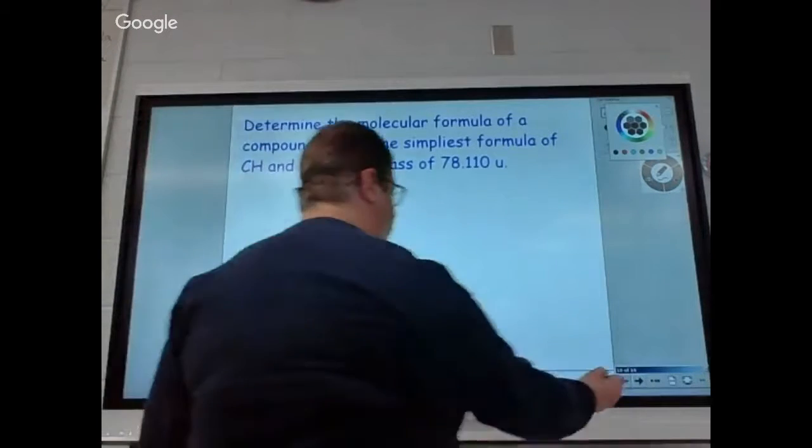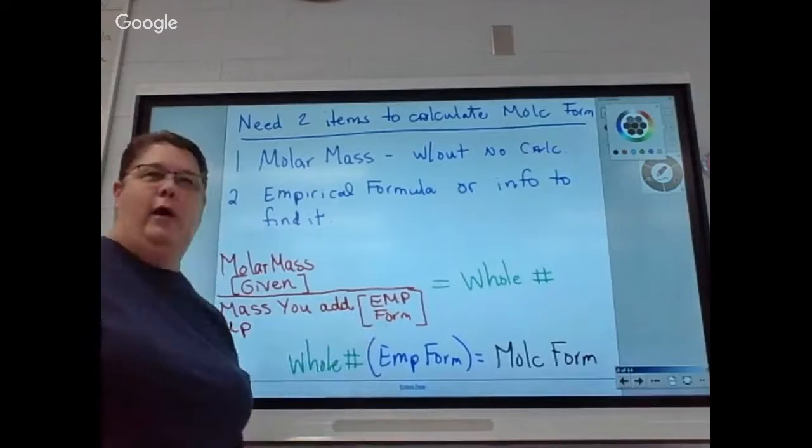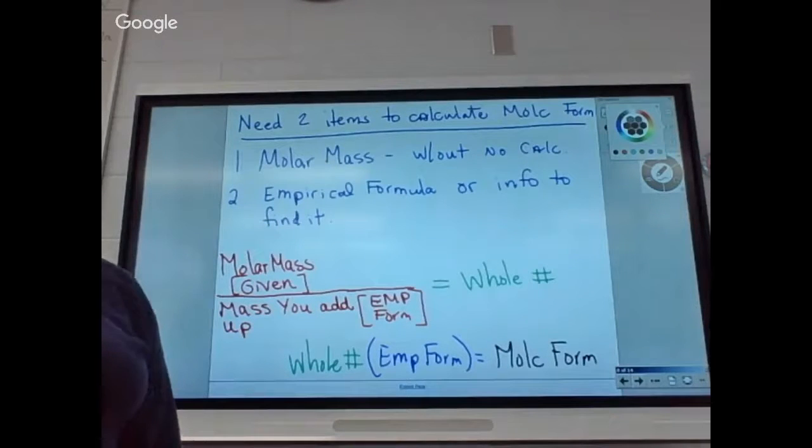What am I putting on the bottom? What I add up, right? So what am I going to add up in this question? What's the only thing left I can add up? The only thing in the question I can add up.